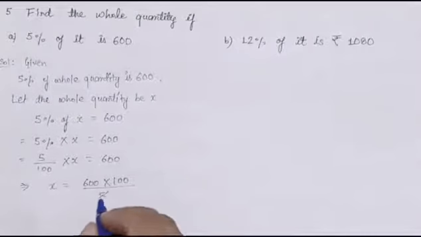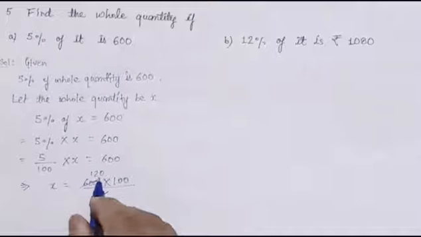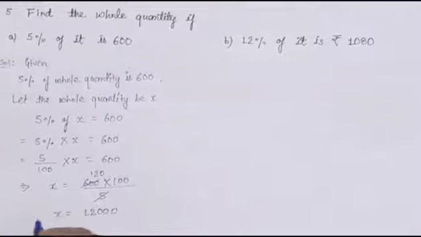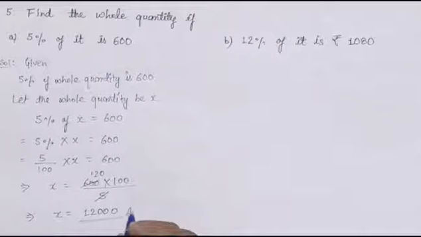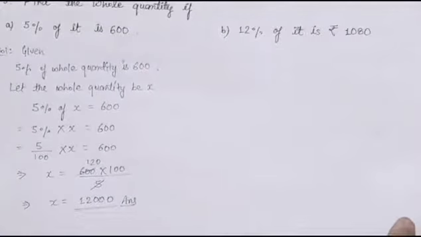Now here 5 12 times, so we have 120. 120 into 100 is equals to 12,000. It means the total quantity is 12,000. This is our required answer. Okay. Now let us see the next part.